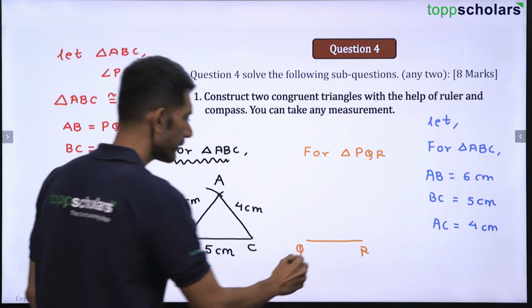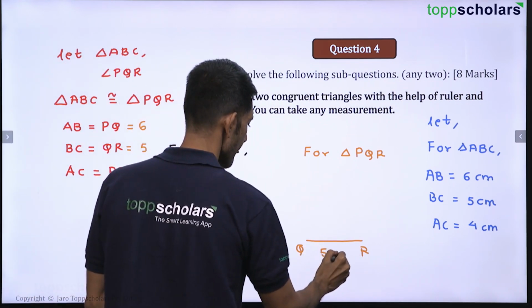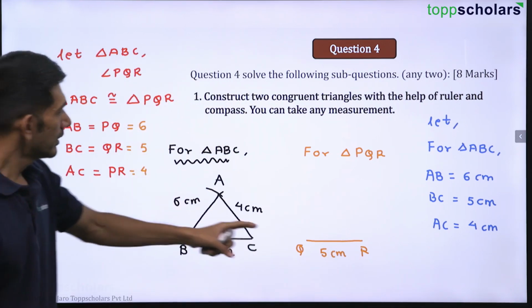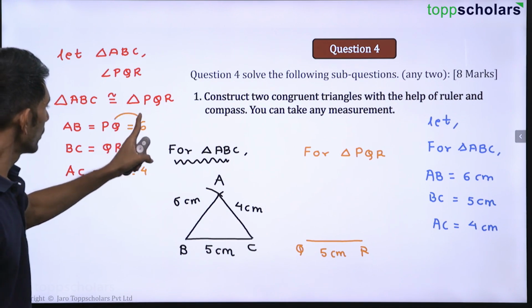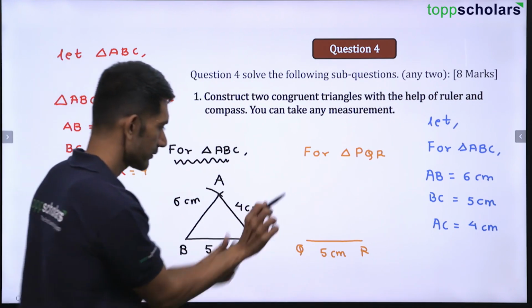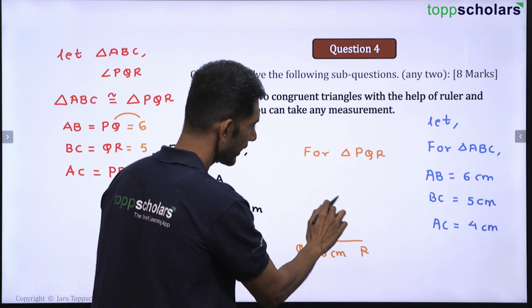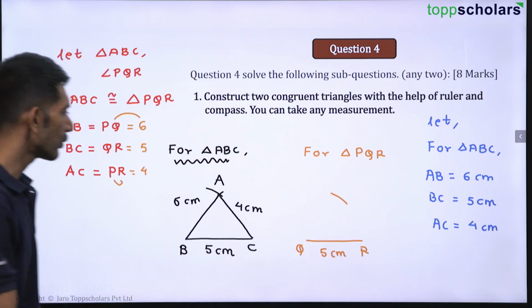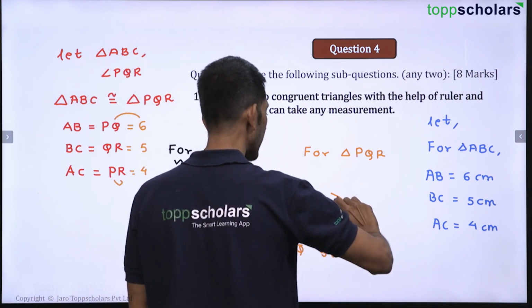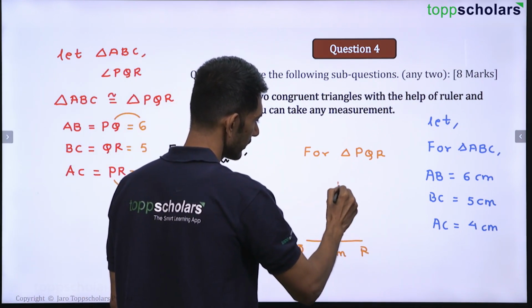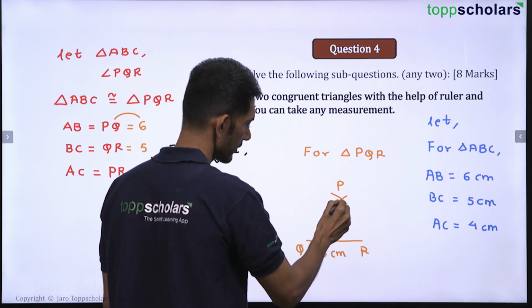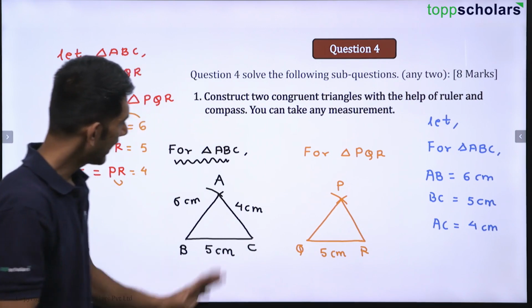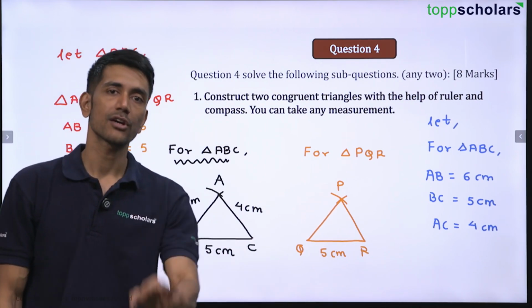QR will be 5 centimeter. Then PQ, P and Q is 6. So take 6 centimeters, cut an arc. Then from point R, PR is 4. Take 4 centimeter from R, cut an arc. This is your P. Join PQ, join PR, and the two triangles are the required triangles which are congruent to each other.